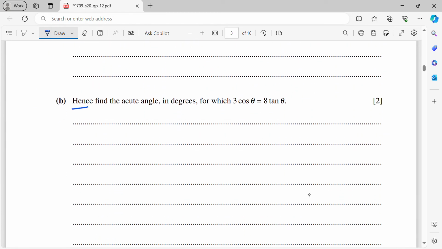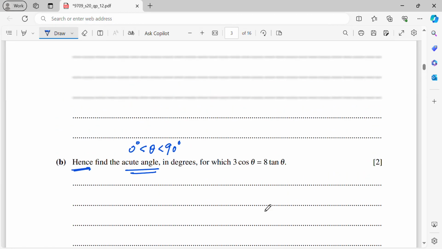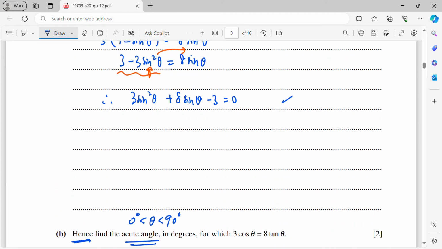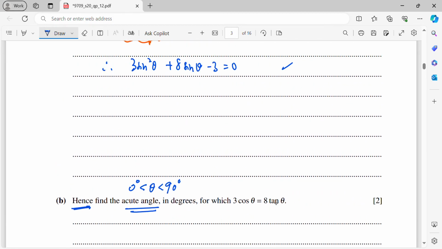Okay, now B, hence. Hence means use the previous answer. Find the acute angle. Acute angle means the angle between 0 and 90 degrees. Okay, for which 3 cos theta equals to 8 tangent theta. Just copy back this quadratic equation. So I will get 3 sine squared theta plus 8 sine theta minus 3 equals to 0.